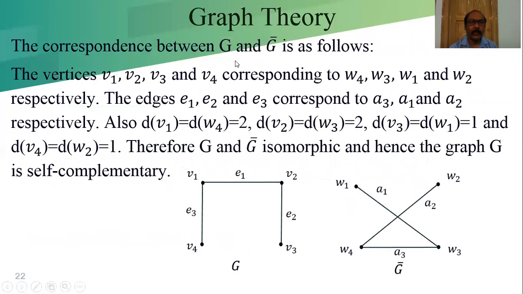The correspondence between G and G bar is as follows. The vertices V1, V2, V3 and V4: we have to turn it this way, and then we get the complement from this.